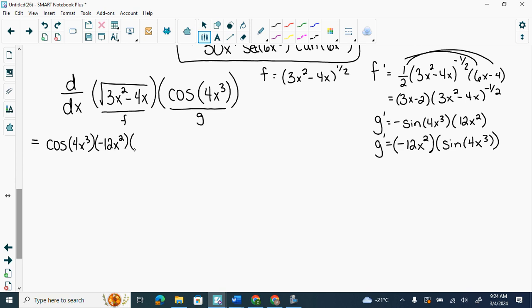So it's g f prime: 3x minus 2, 3x squared minus 4x to the negative half. Plus f. I will never use the radical one when I'm doing these. I always use the rational exponent. And then g prime.